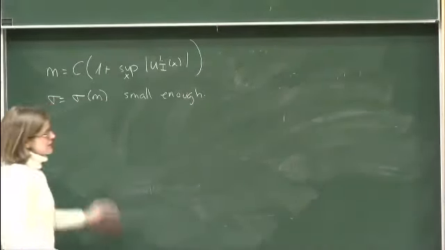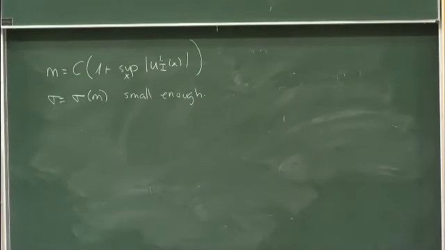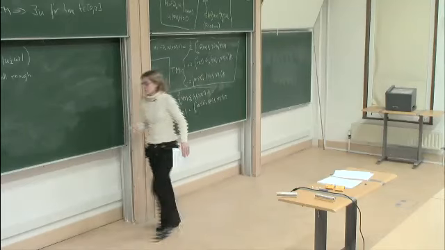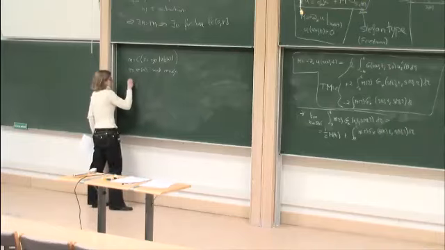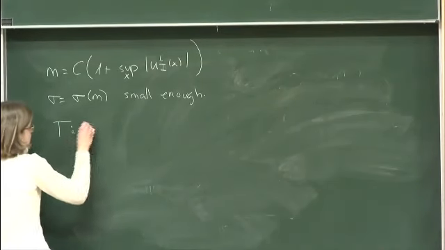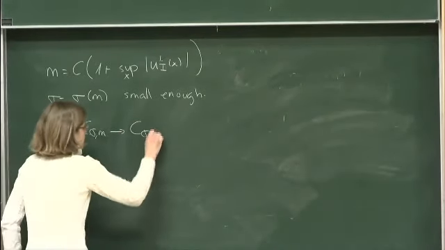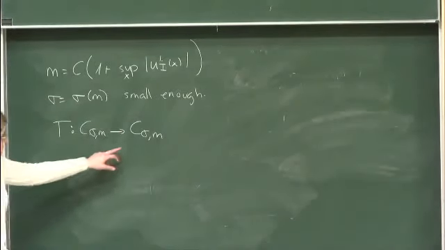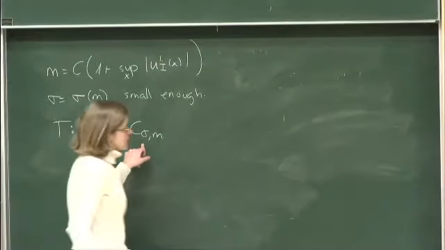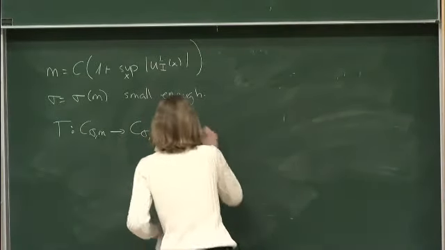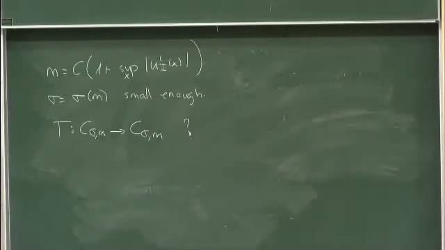Now let's see how to show that if we start with a good m, then we finish in another good space. Let me show this. It's easy, just look at this formula.